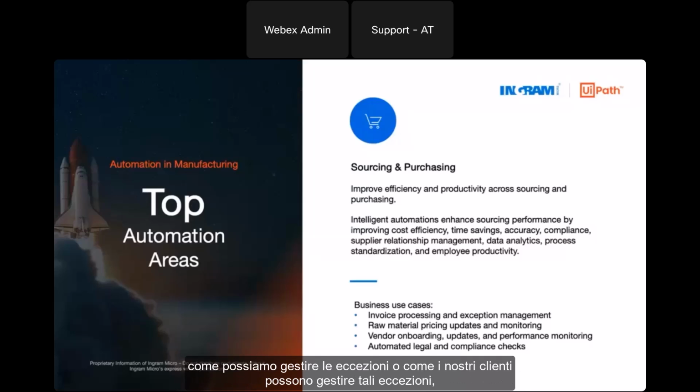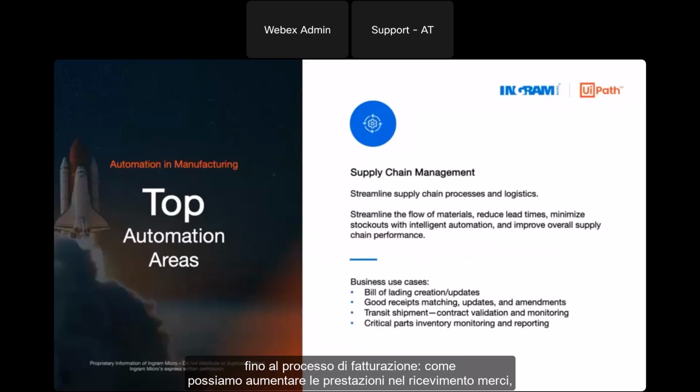And how we can manage exceptions, or how our customers can manage those exceptions, all the way to the billing process, how we can increase the performance in the goods receipts, in considering that what we've received is according to the purchase order.